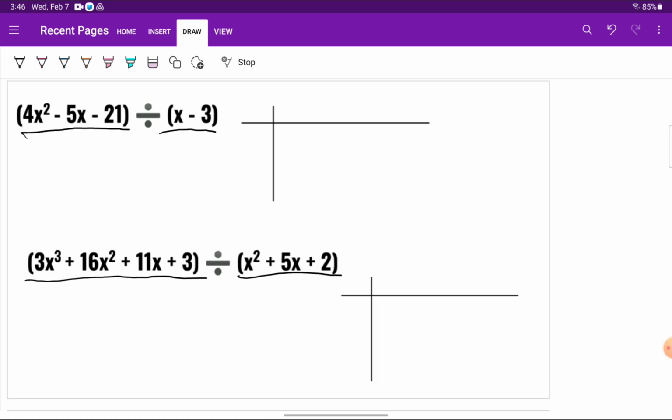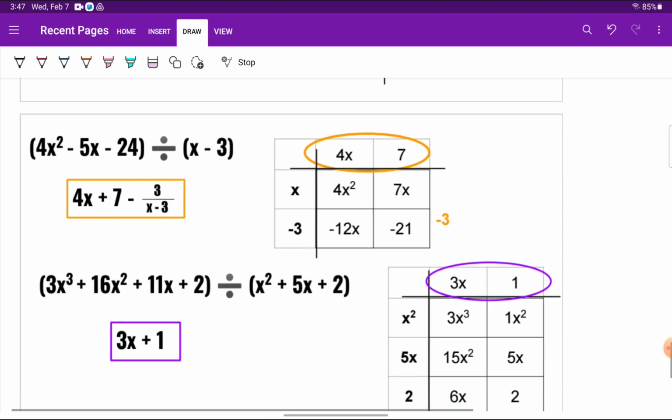Again, we might want to know if it's a factor. We might just want to be dividing. One of these has a remainder, the other does not. Go ahead and hit pause. And come back and we'll check our work.